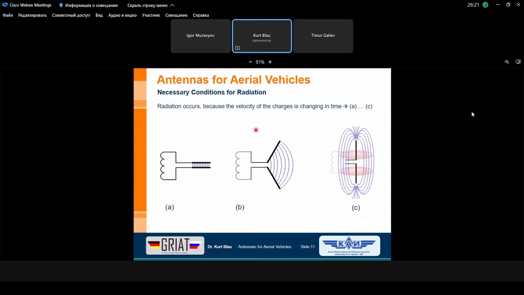You know the formula for such oscillation, and this frequency is in this moment radiated, coming from the resonance conditions of this circuit. And here we only have to bend both parts of the capacitor, so it looks like a dipole. This is a very primitive example, only for understanding.